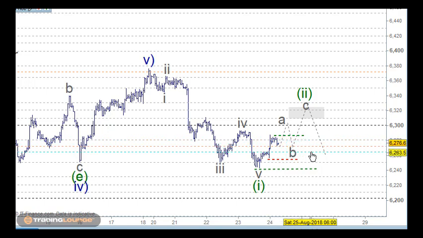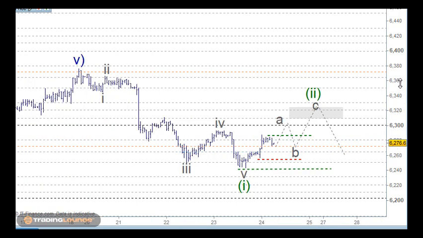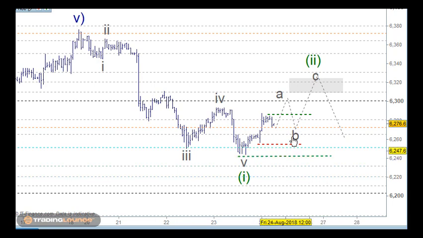We'll probably come back into group 2 here. And then, if we get 5 waves here, after a correction we'll get another 5, which will take us up into this particular space here at 63.20. And then we should see the market fall down from that point.